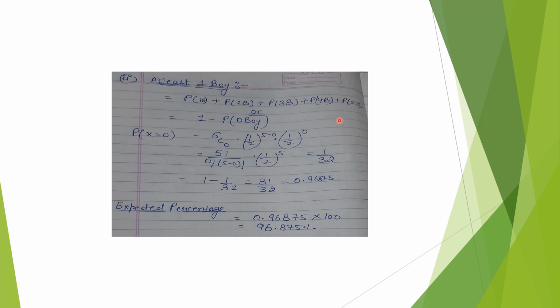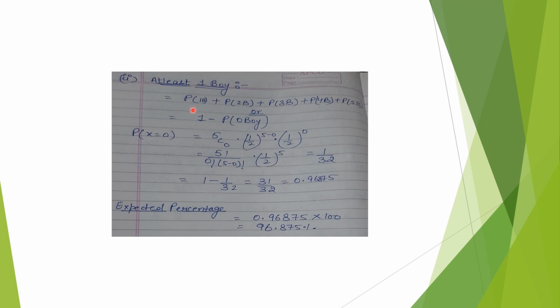At least one boy means out of 5 children, at least one must be a boy. At least one, and when we talk about at least one, we have to go in the increasing direction.